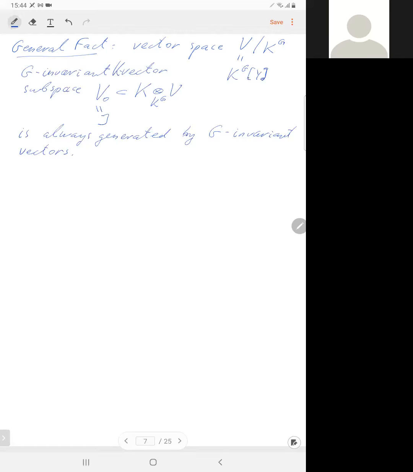Okay, so let's prove it. We reduce to the case when there are no invariants.